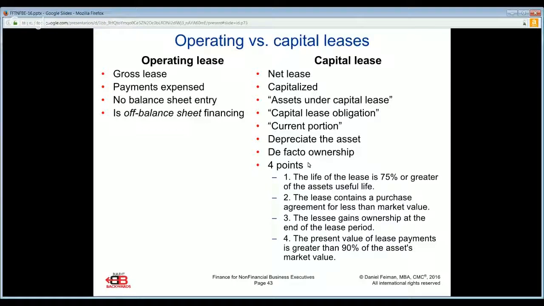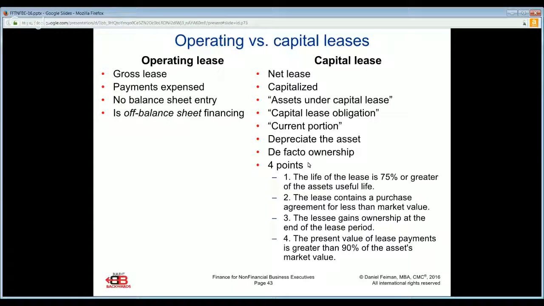And if we call it a capital lease, we must show the lease on the balance sheet under long-term assets, and it's referred to as asset under capital lease. And on the liability side, we must show the current portion, there's your current liability, as well as the long-term portion, the remaining obligation on the lease.